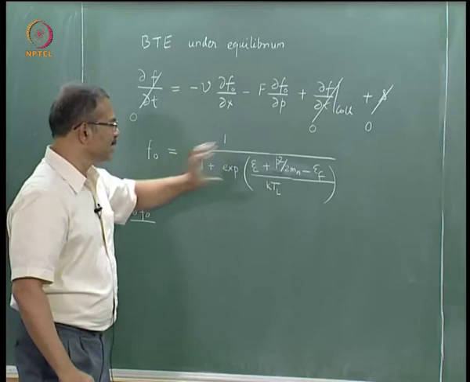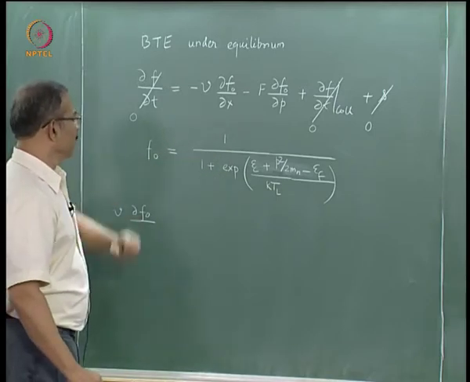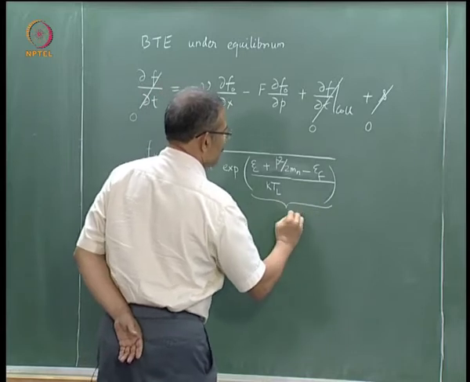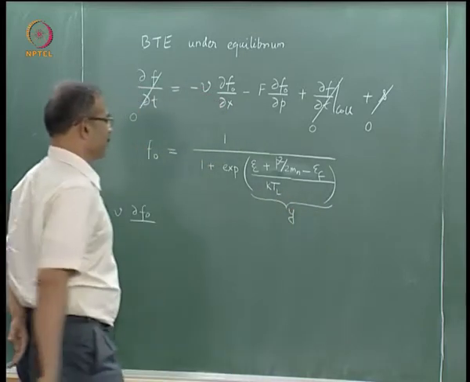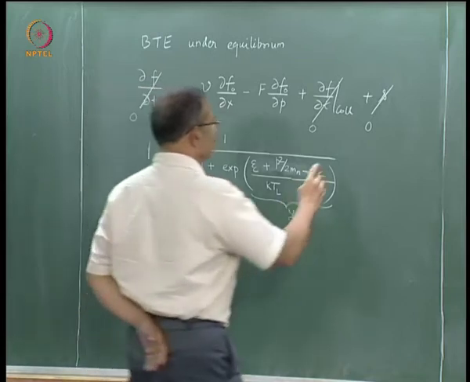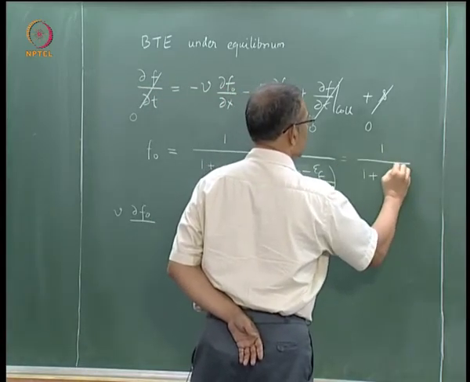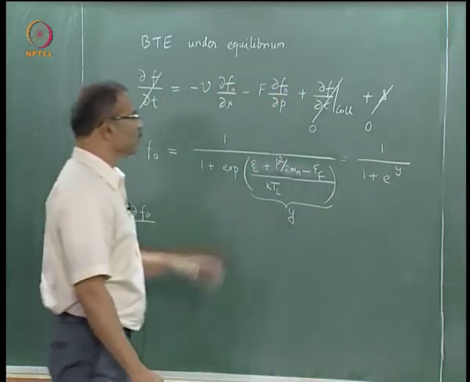Now since this is a little bit involved, what we can do is we will make a substitution. We will assume that this quantity is y. Then our f naught turns out to be equal to 1 by 1 plus e power y. Now it will be easy to work with that.